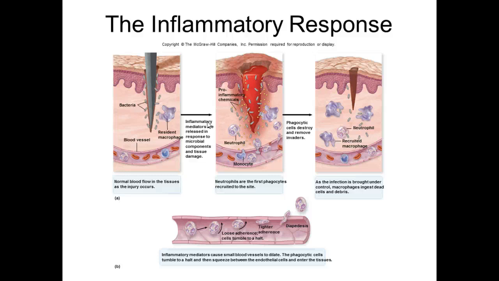And we're going to go over this again later, so don't stress about it. But the more I say it, the more likely you're going to remember it, right? And so that's why here in this picture they say a recruited macrophage. So this is one that traveled to the area. He didn't live here. This wasn't his home. He came and joined the fight. And then the neutrophils, these guys really only travel into your tissues during inflammation.